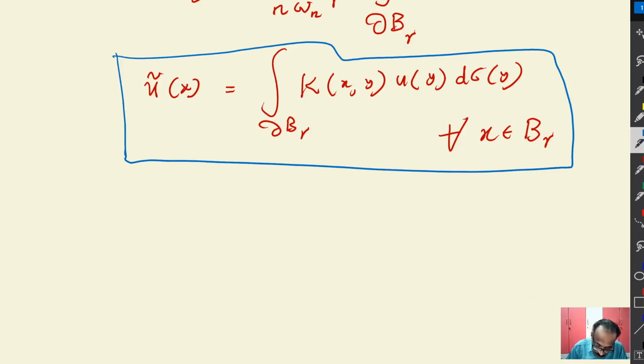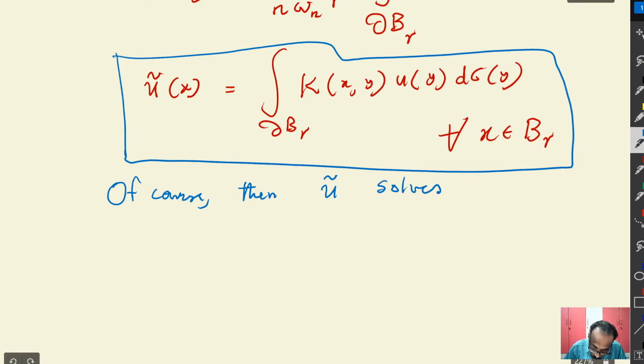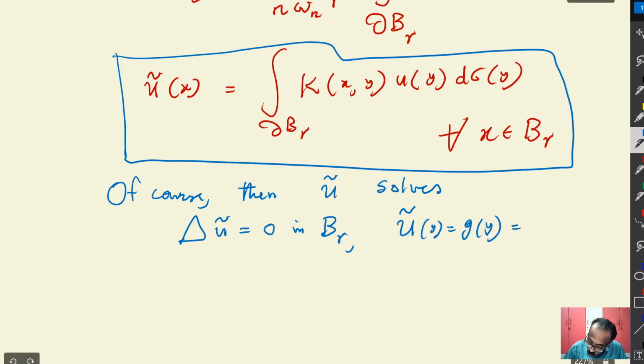Of course, by definition, this is the result we recalled, in fact studied in PDE1: U tilde solves minus Laplacian of U tilde equal to 0 in B_R, and U tilde of x is equal to U of x for all x on the boundary of this ball.